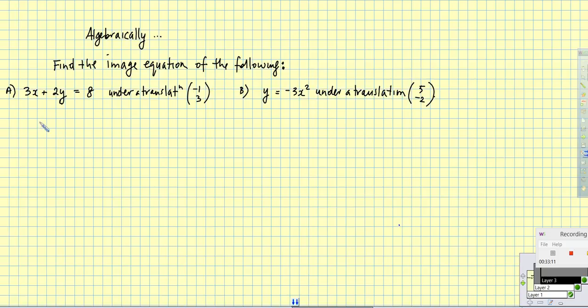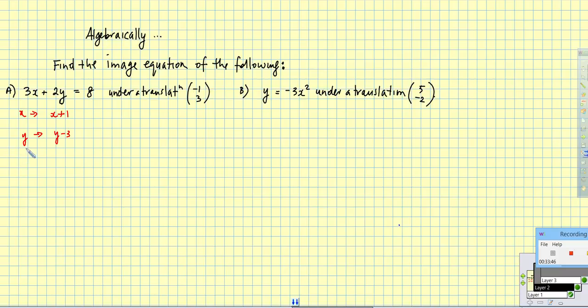If I've got 3x plus 2y equals 8 under a translation of negative 1, 3, I can do these simultaneously and say wherever there is an x, I will replace it with x plus 1. And I can also say wherever I have a y, I'm going to replace it with y minus 3.